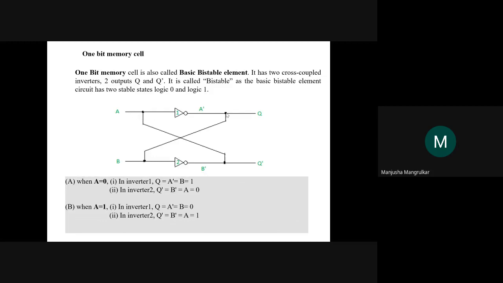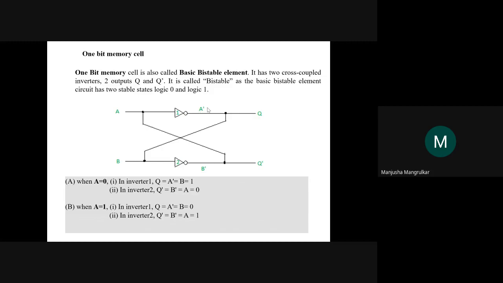This output is connected as an input of the other inverter, and this output is connected as an input of the first inverter, right? The stable state condition is that if Q is 0, then Q complement must be 1. We will prove that. A is an input. When A is equal to 0, A complement is equal to 1.